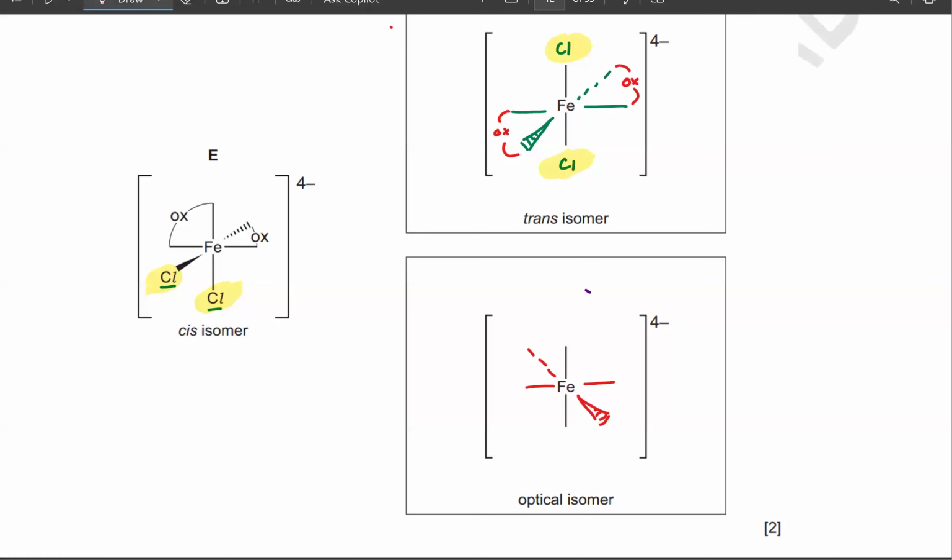So the Cls are now on the right side, and this ox will be on the left side, and the other ox would be on the right side. Okay, that's your mirrored version. Is that clear?